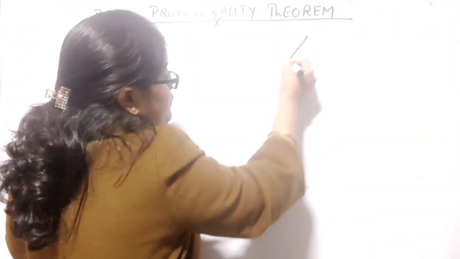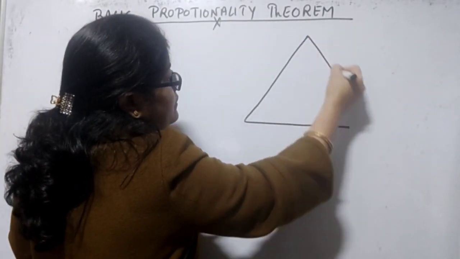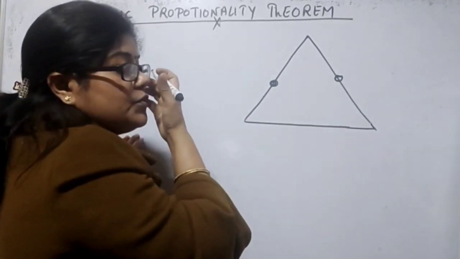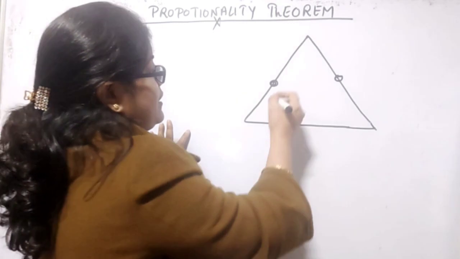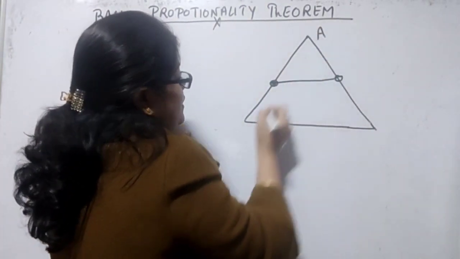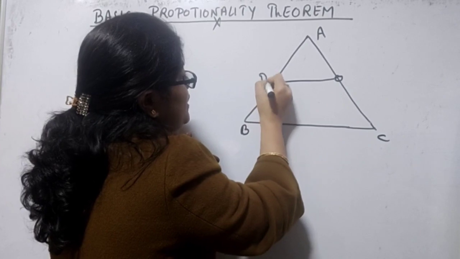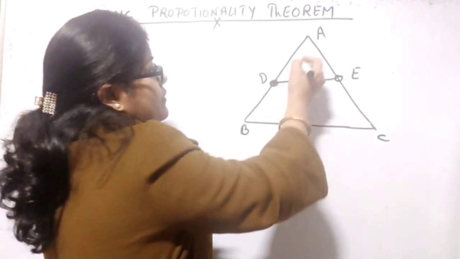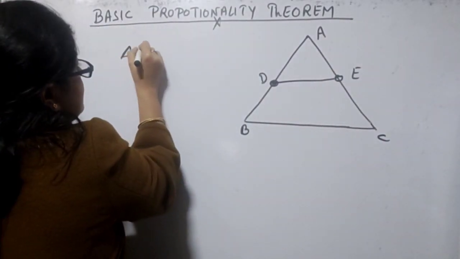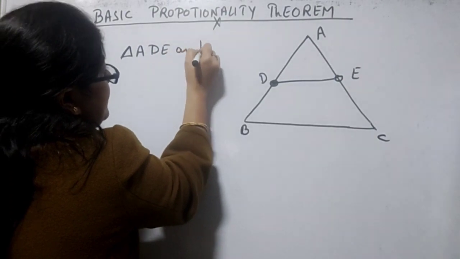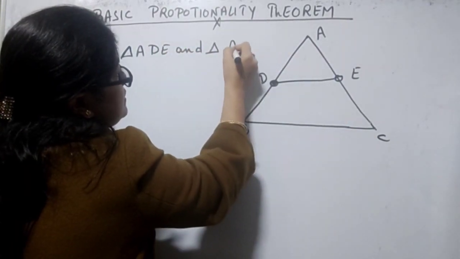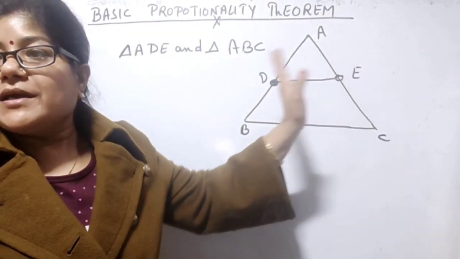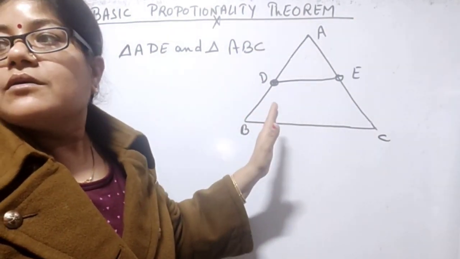Actually here, if there is any triangle, and if there are two points on two sides of the triangle, and if we join them, for example, this is ABC and there are two points D and E, and if we join them, then we see triangle ADE and the full triangle ABC. We have to prove whether this smaller triangle and the whole bigger triangle are similar to each other or not.